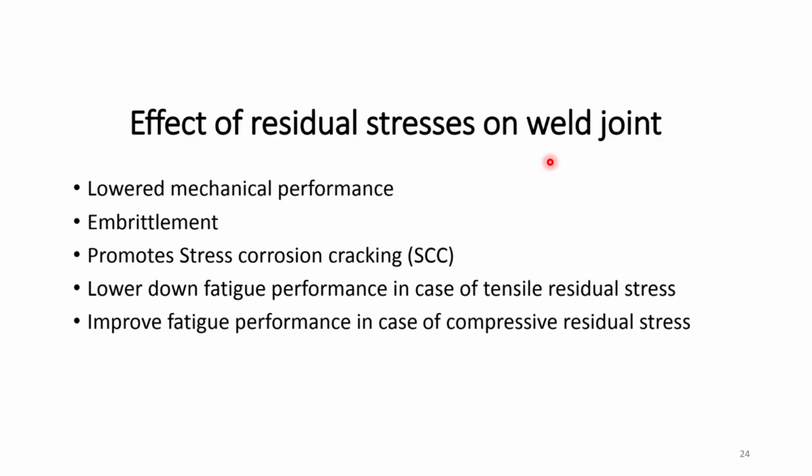Along the welding joint, if you perform tensile testing, you will get lesser strength and lesser ductility when you have residual stresses, and there will be embrittlement as well. It promotes stress corrosion cracking. Because of the residual stresses, there will be corrosion along those places as well.